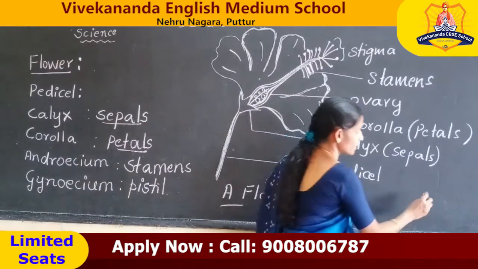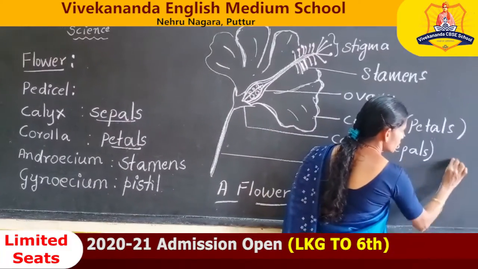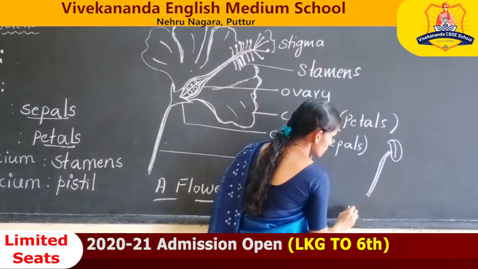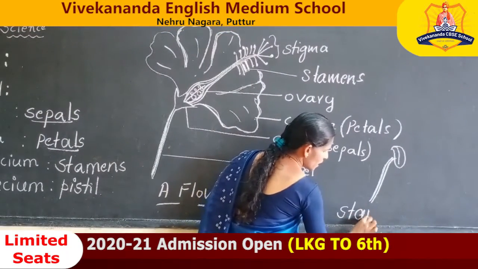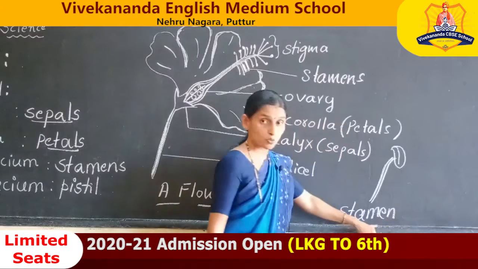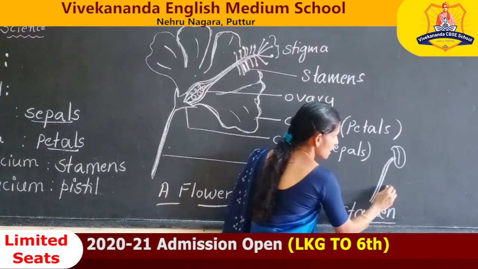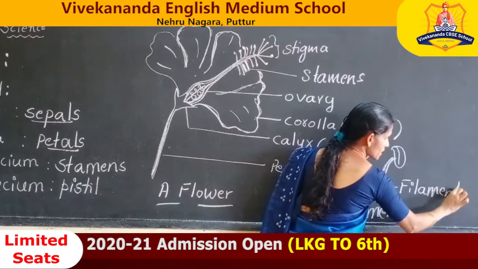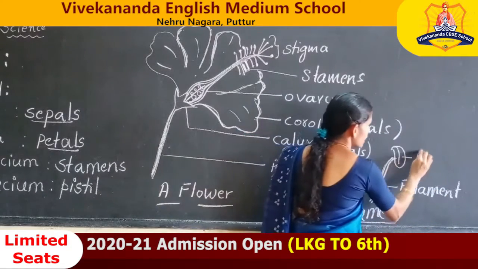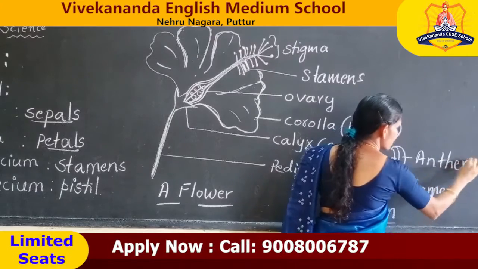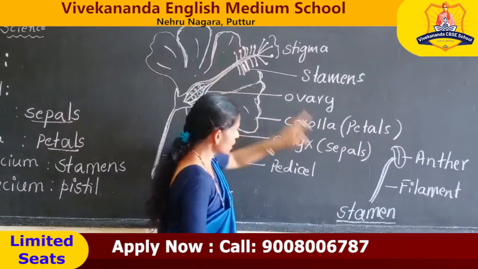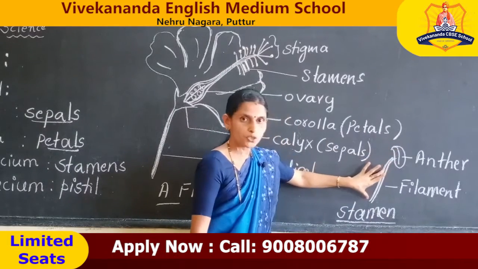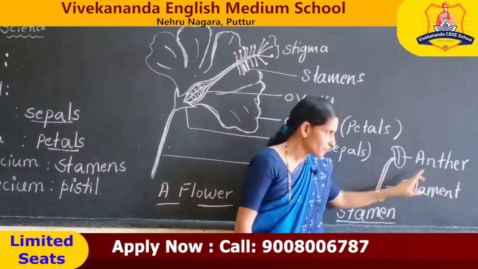If you take one part of the androecium, that means one stamen, it shows a structure like this: the basal part is called the filament, and the tip part is called the anther. This single stamen that I have drawn shows only two parts, the upper part anther and the basal part filament.